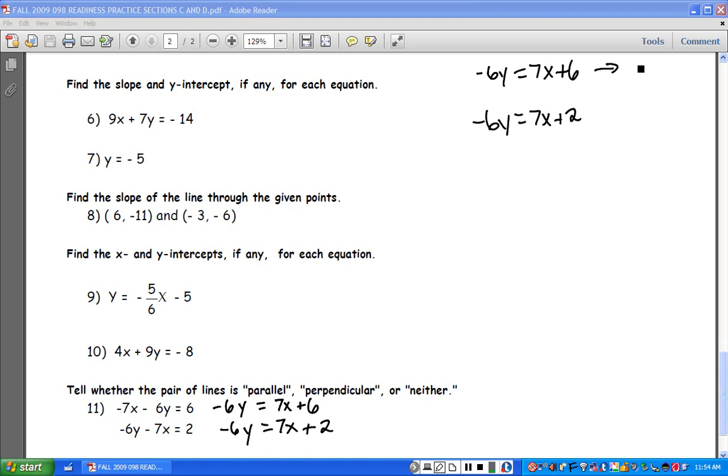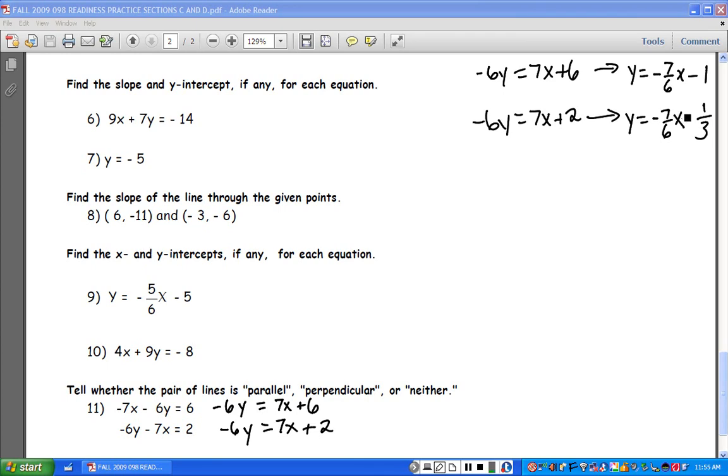So this one is going to become y equals -7 over 6 x minus 1, because this 6 divided by this -6 is going to give us the -1. That's where this -1 comes from. Okay, and now we're going to do the second equation, divide everything by -6. So y equals -7 over 6 x, and that's minus 1/3.